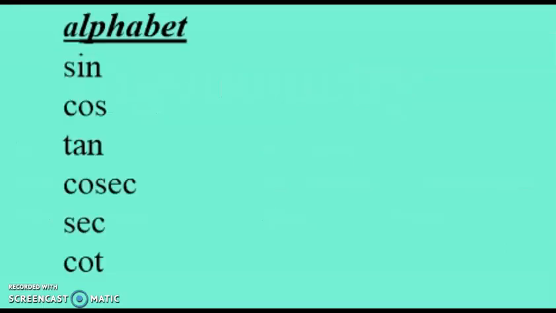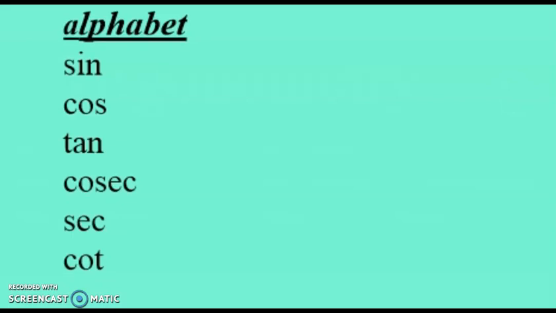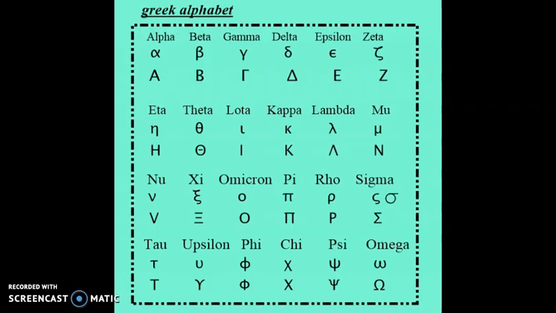When we refer to the alphabet of trigonometry, here we speak of sine, cos, tan, cosec, secant, and cot. All these are classified as different ratios that we work with in trigonometry. When we refer to the Greek alphabet, these letters and symbols are commonly used as angles.